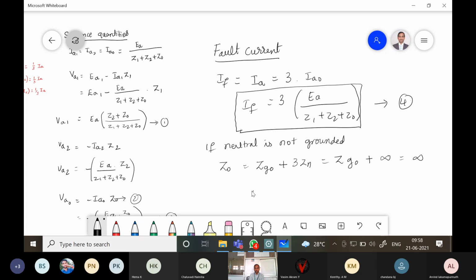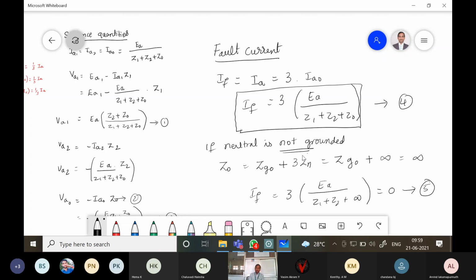Therefore your fault current becomes 3 times EA divided by Z1 plus Z2 plus infinity, so this will become 0. Your fault current will become 0 when the neutral is not grounded.